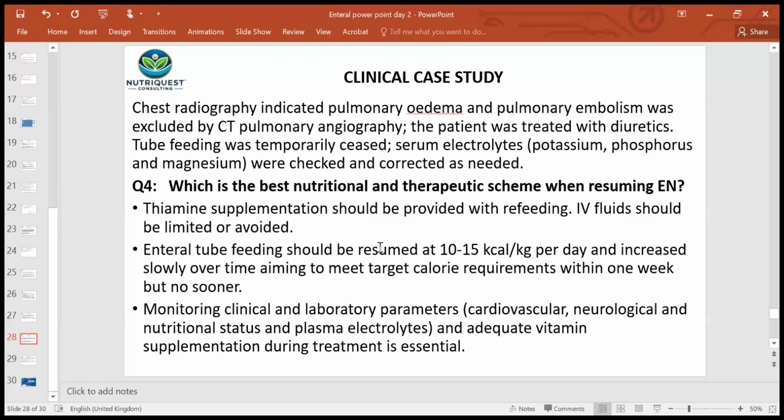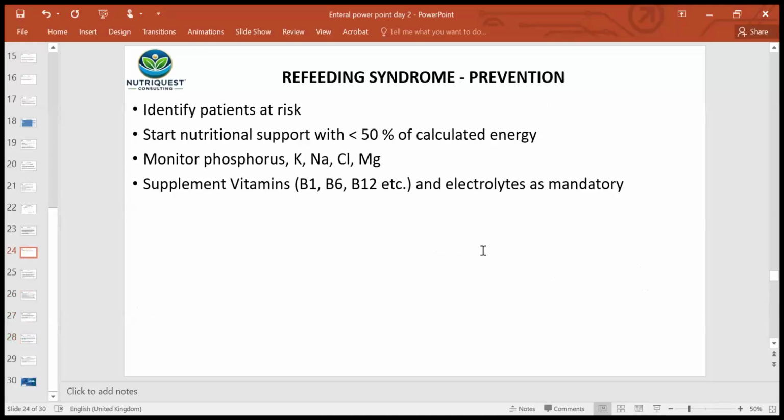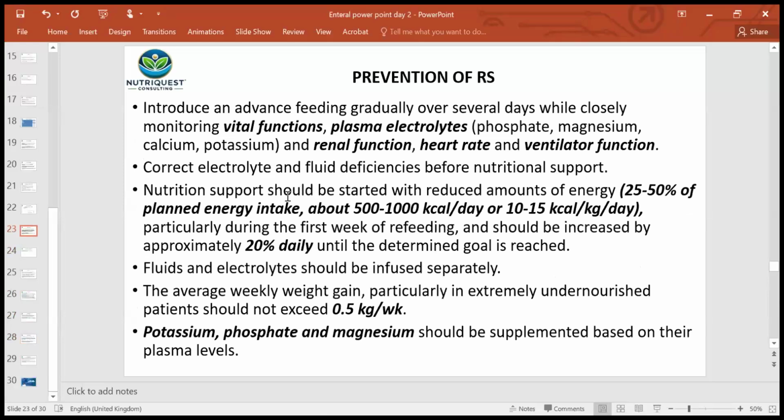Enteral tube feeding should be resumed at 10 to 15 kcal per kg per day and increased slowly over time, aiming to meet the target calorie requirement within 1 week, but no sooner. So remember, if I go back to another slide, we said nutrition support can start at 10 to 15 kcal per kg per day.